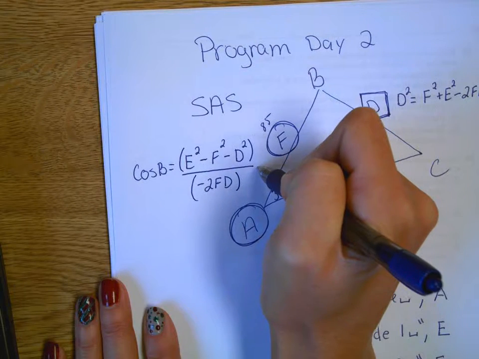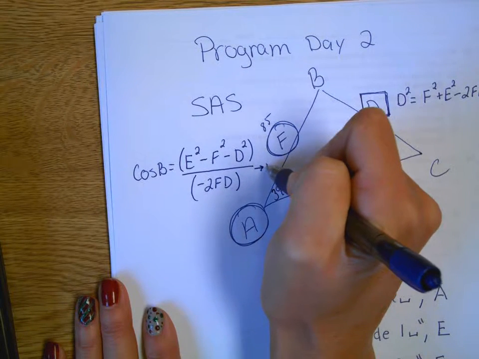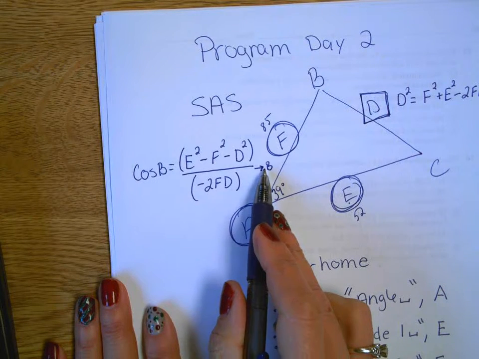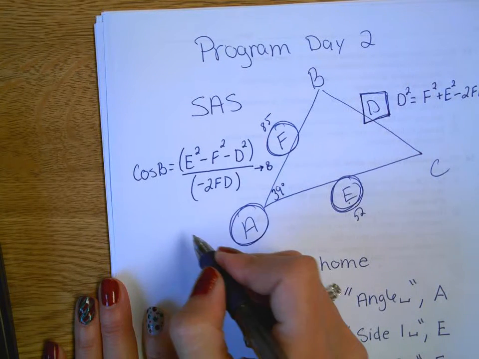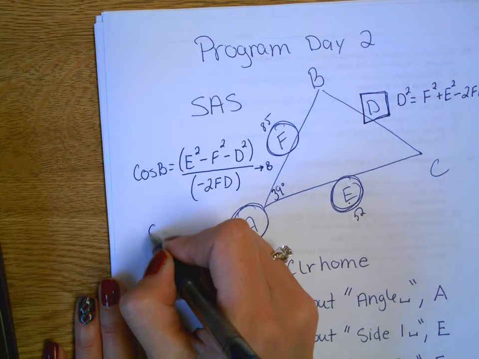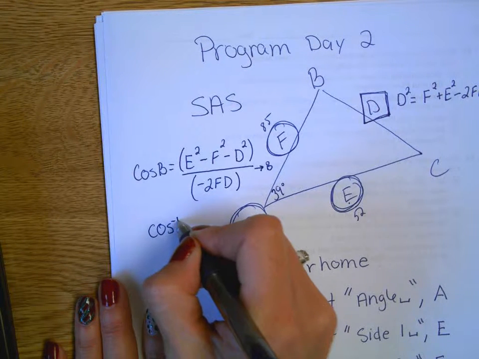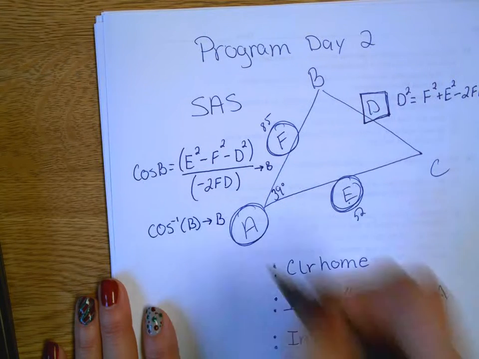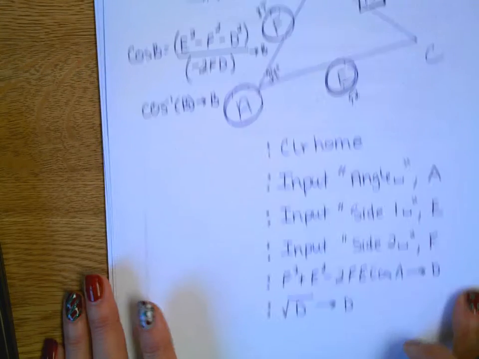We're going to store that in B. But remember, this is only the cosine of B. This is not the answer yet. What's my next line going to have to be? Inverse cosine of B, and now we'll store that back in B. So it takes 2 lines here.